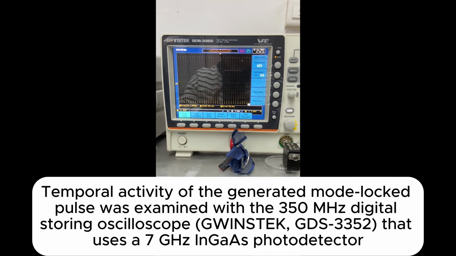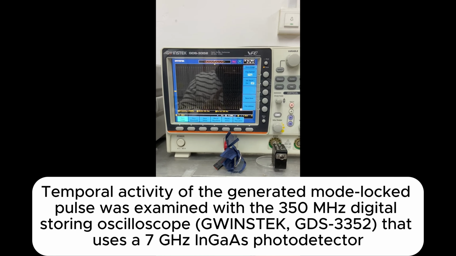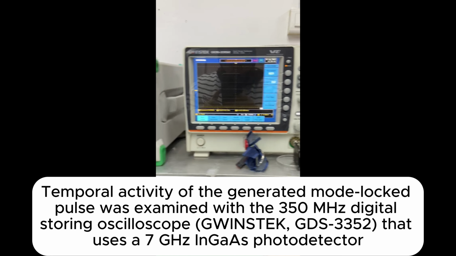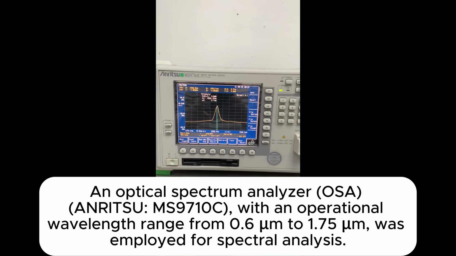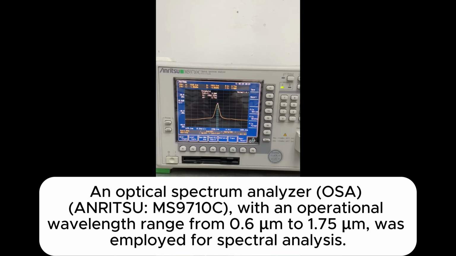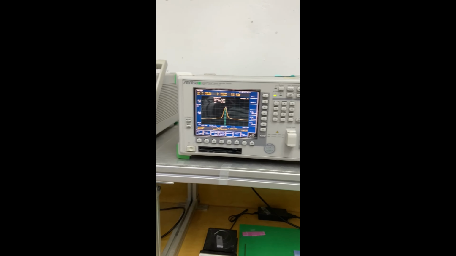The temporal activity of the generated mode-locked pulse was examined with a 350 MHz digital storage oscilloscope that uses a 7 GHz indium gallium arsenide photodetector. An optical spectrum analyzer, with an operational wavelength range from 0.6 micrometer to 1.75 micrometer, was employed for spectral analysis.